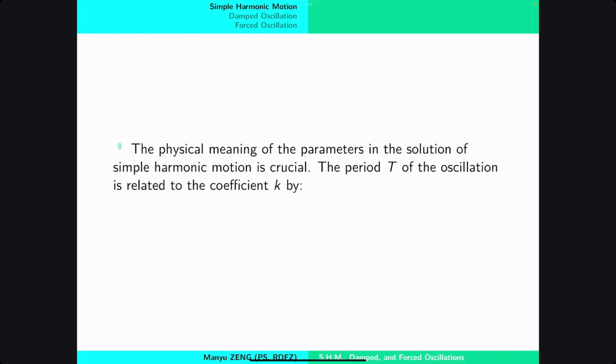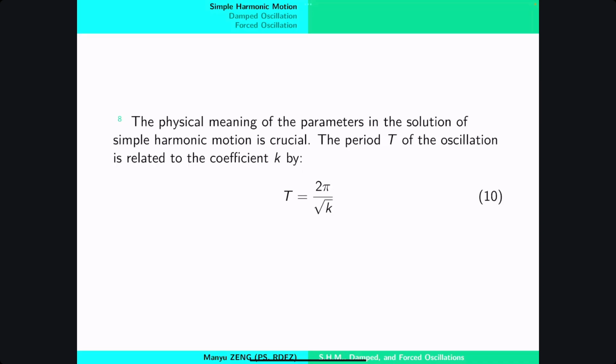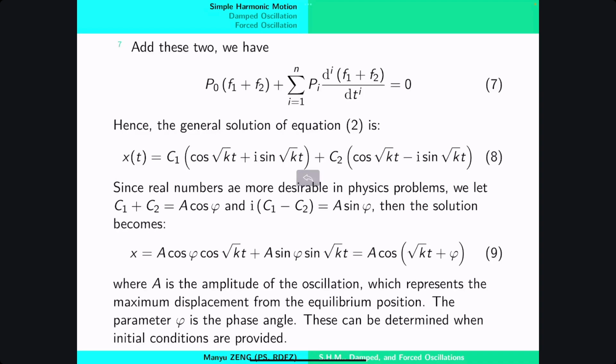When we talk about oscillation, there are other physical parameters. There's a period T. The period T is given by 2 pi divided by square root of k, since square root of k is the multiplier in front of t.